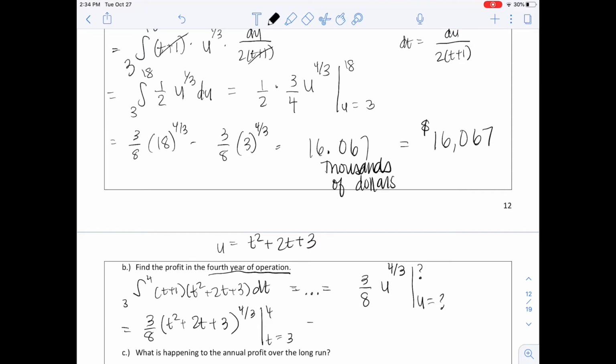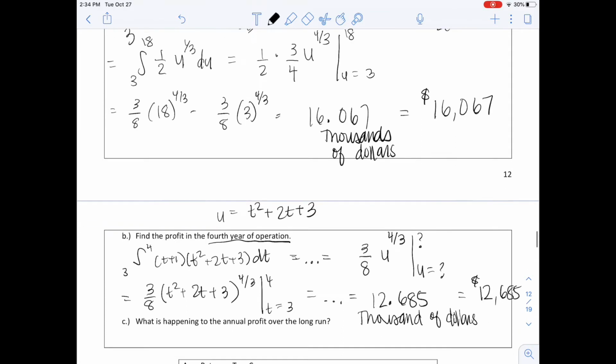When we do this, I'll put down dot, dot, dots, work out all the work there, and you should arrive at 12.685, and it's thousand of dollars. And again, you can leave it as this or multiply by the 1,000 and you end up with $12,685. So either one of those is correct.